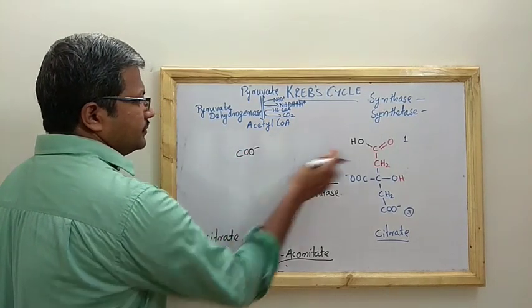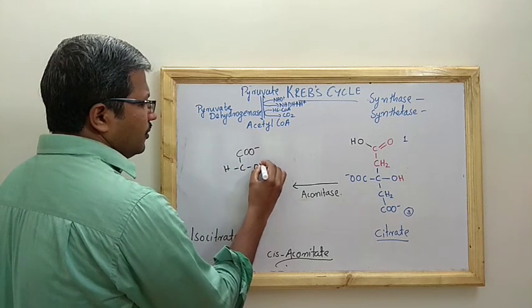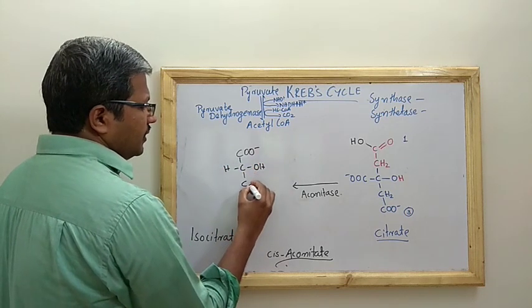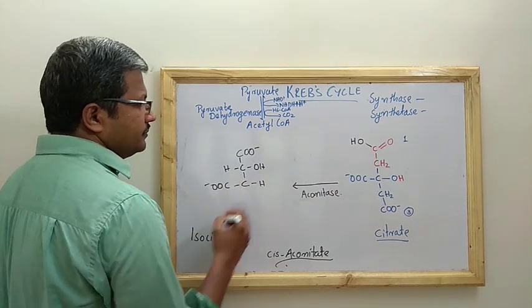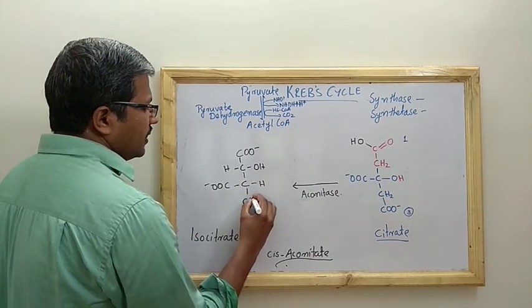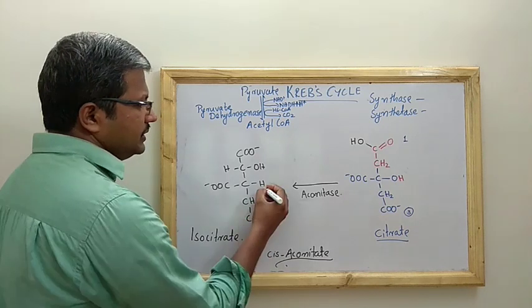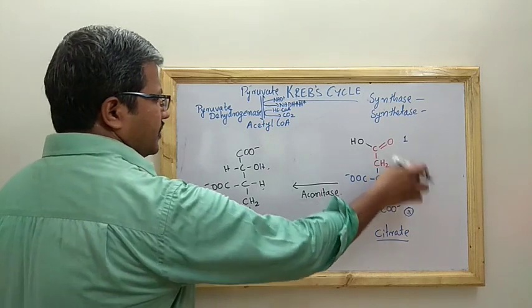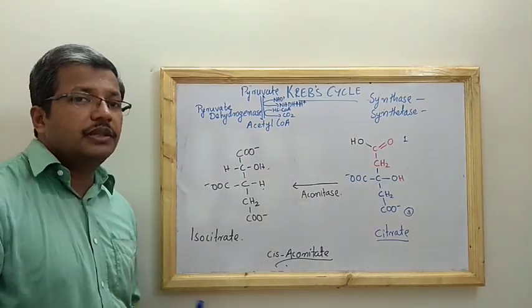COO minus, CHOH, CHCOO minus, CH2COO minus. So this OH just shifted from one place to another, and as a result isocitrate is formed.